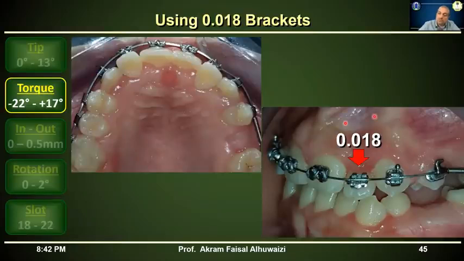And this is just a normal response because it's an equilibrium of force. You bring the root of the lateral out, you bring the root of the central and canine in. But sometimes you don't want to bring the root of the canine and the central incisor in.